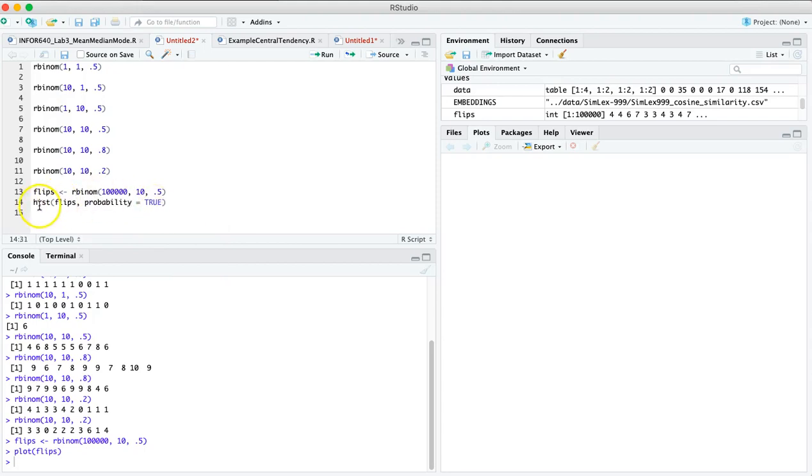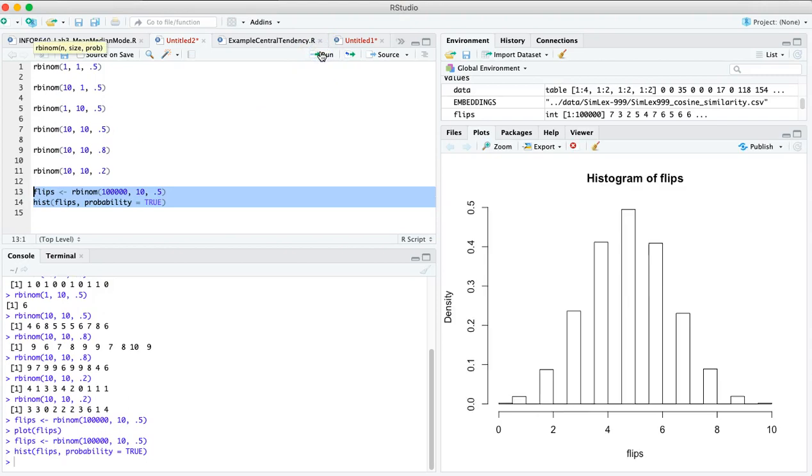And this should give us a histogram of the outcome of our flips here, which is just our binomial run 100,000 times. All right, so we'll highlight both of these. Go ahead and run it, and we have our histogram of our flips.